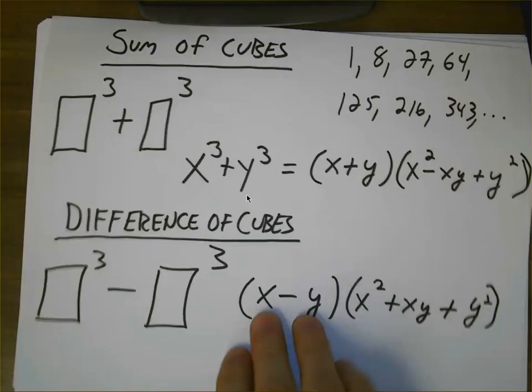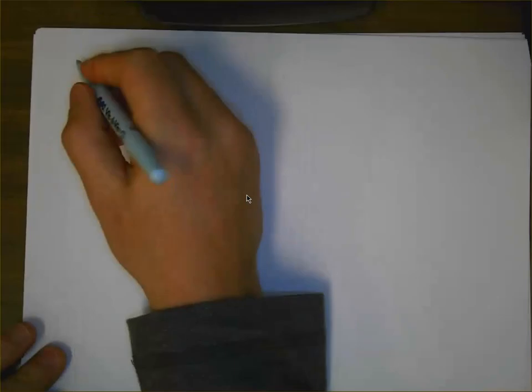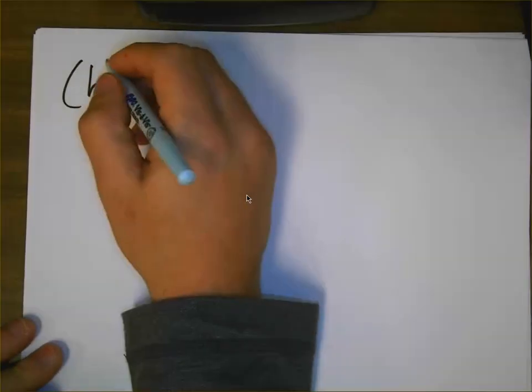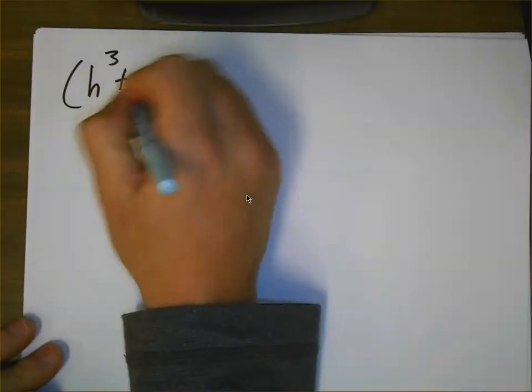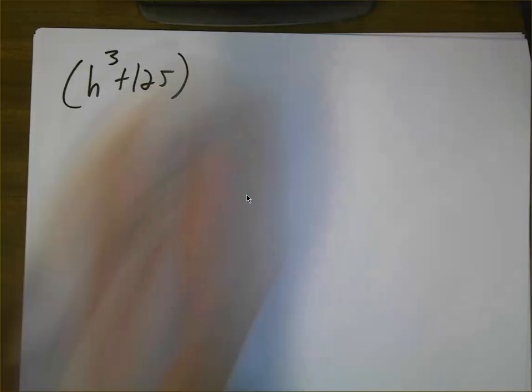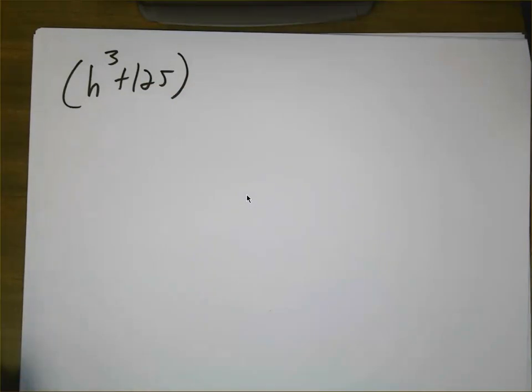I'll give you an example of one of each real quick. So check it out. Here we go. Here's an example of one. The first one, I got h cubed plus 125. Okay, so first question I ask is, is this a sum? Are they perfect cubes? I think h cubed is a perfect cube, cube root of h, and 125 I think is 5.